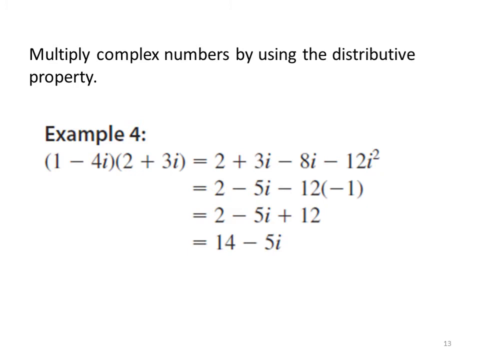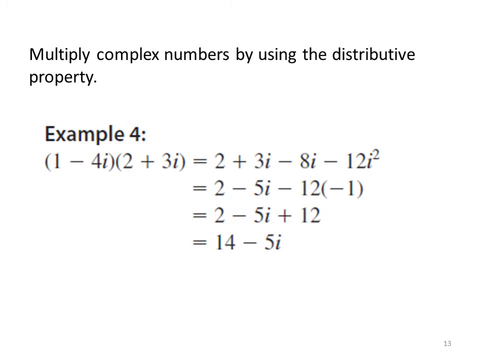Of course, multiplying these two expressions, you want to multiply each term from the first bracket by each term from the second bracket. 1 times 2 is just 2, plus 1 times 3i is 3i, then minus 4i times 2 is minus 8i, and minus 4i times 3i is just minus 12i squared.